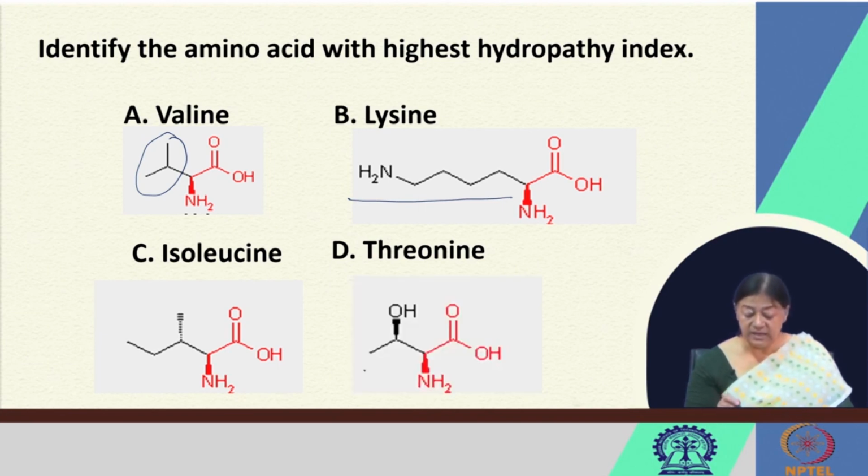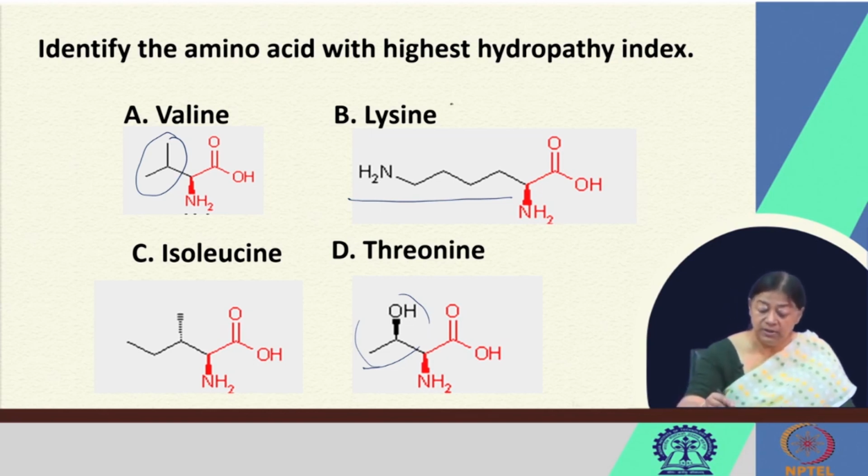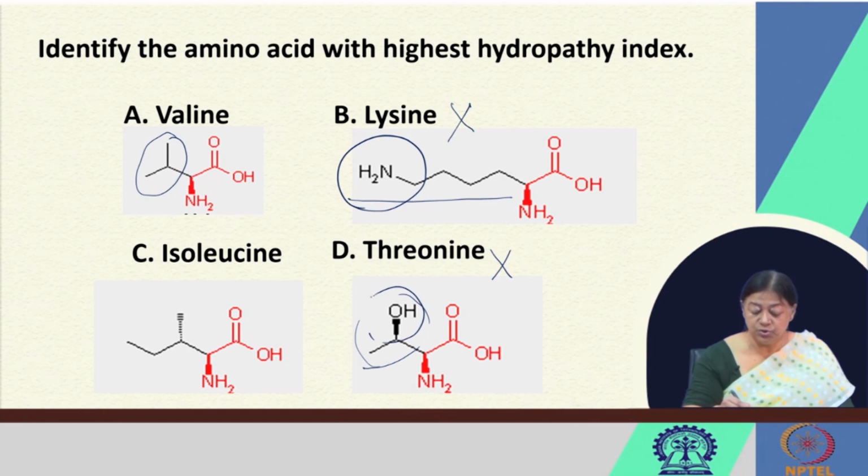Threonine has an OH. Now, when we are looking at hydrophobicity, the first thing we will have to realize is that it has to be a side chain that has only carbon and hydrogen atoms in it. So, we can rule out lysine, we can rule out threonine, because we have a nitrogen group here, we have an OH group here.